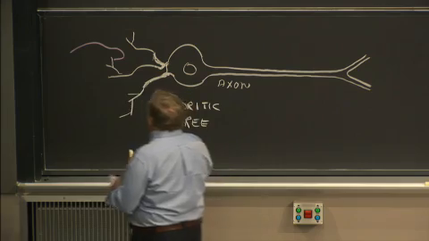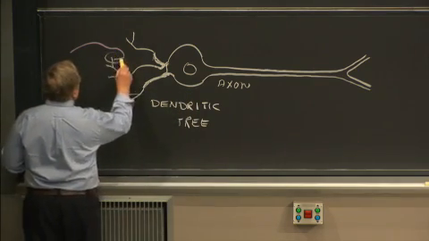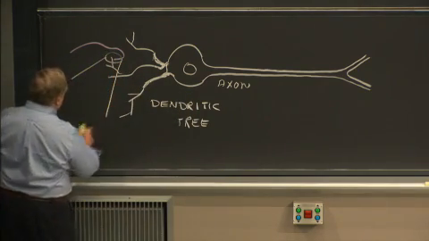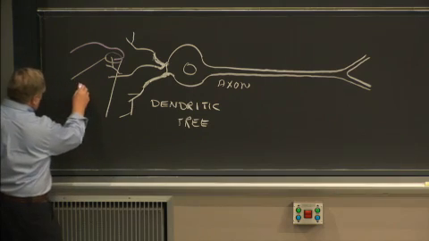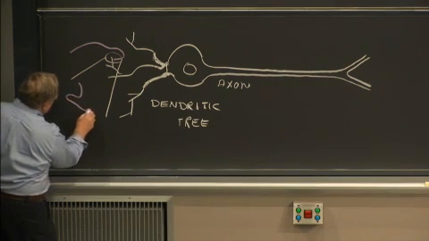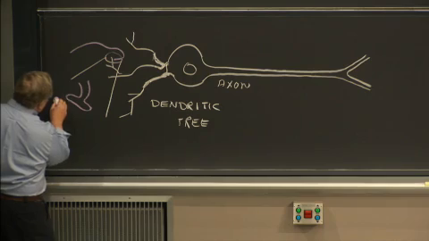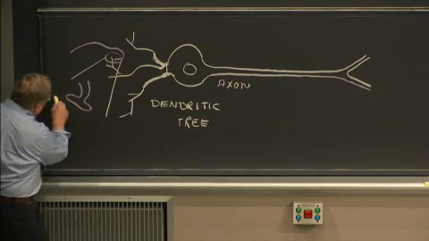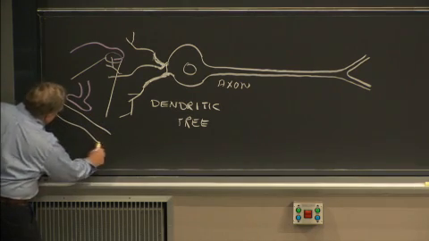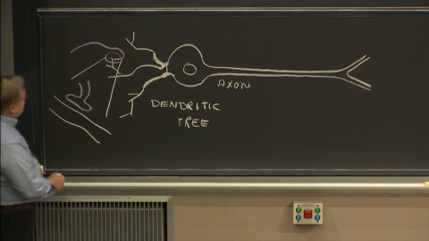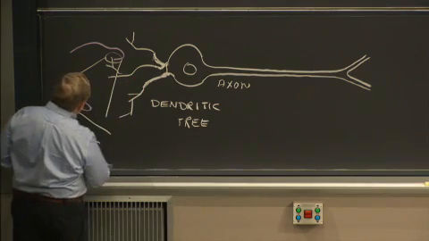Now it isn't quite that simple, because the nature of the connection is such that that downstream axon gets a little bulb on the end, and there is a little space between that downstream axon and this upstream dendrite.